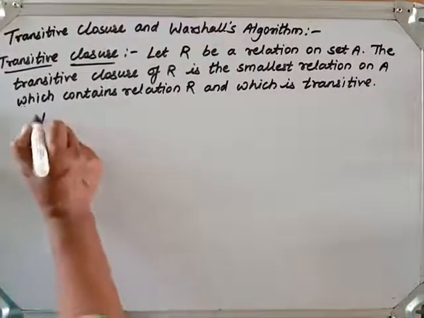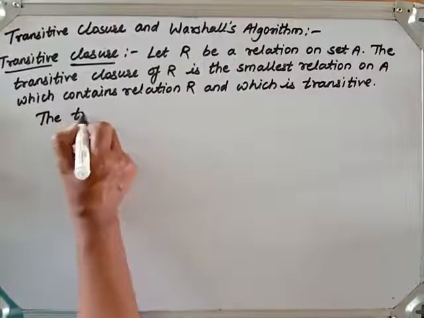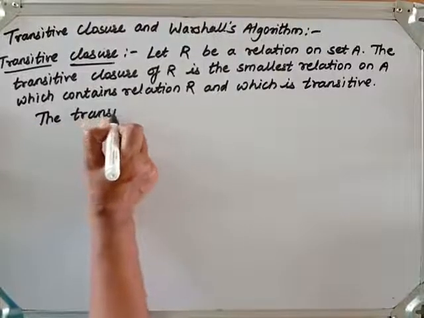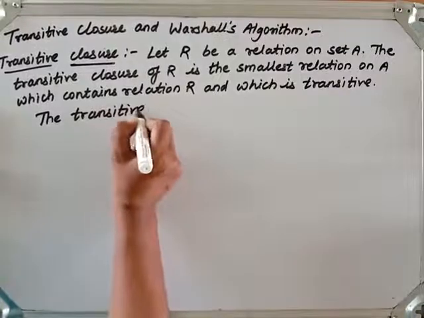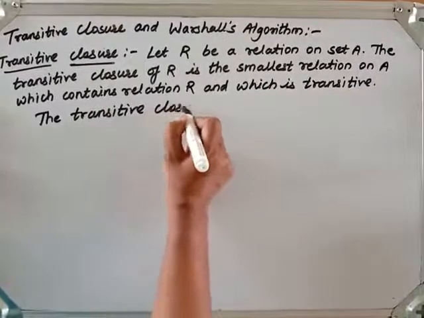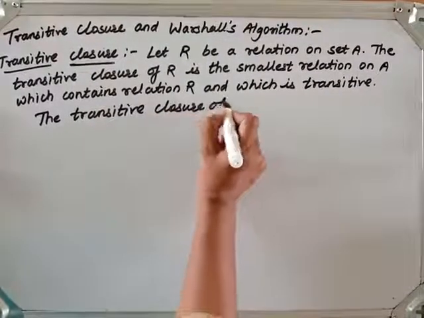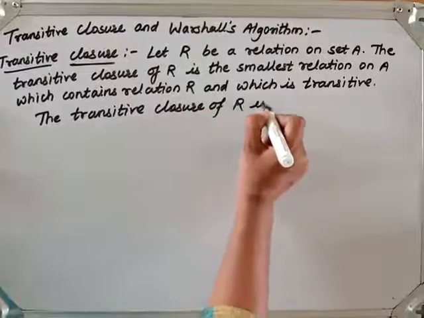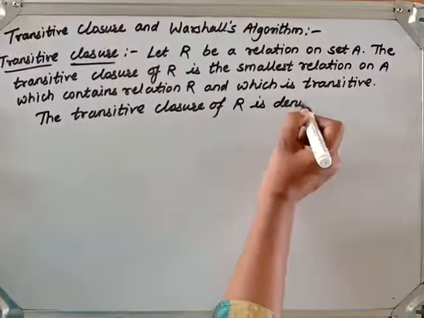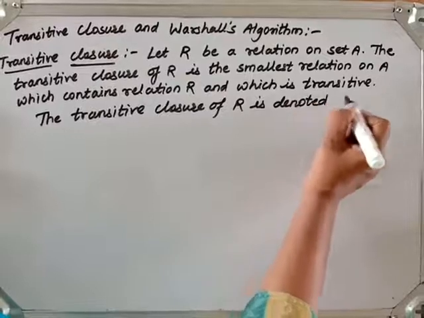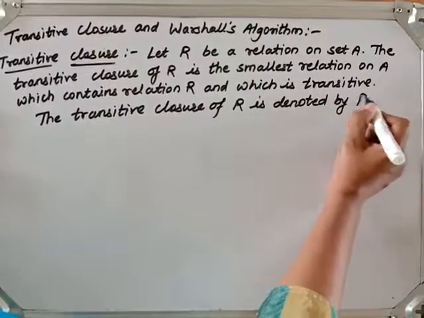The transitive closure of R is denoted by R star.